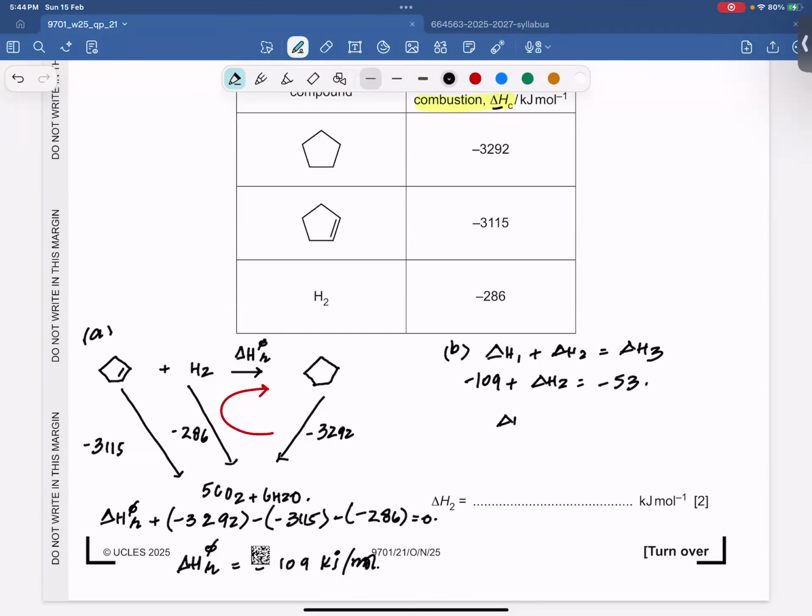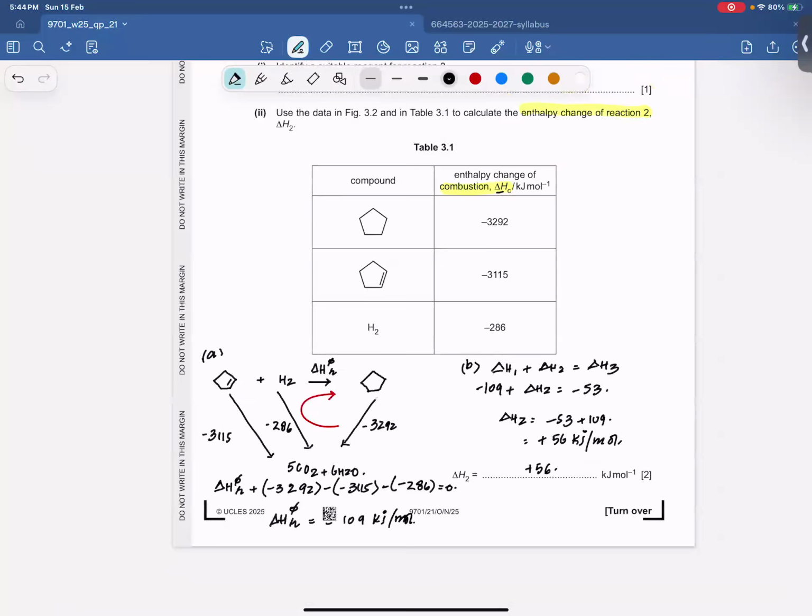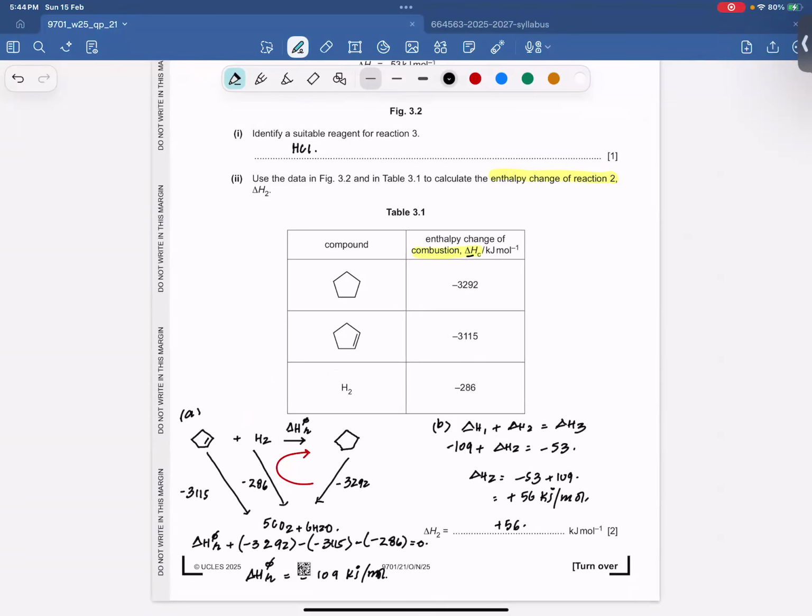So delta H2 is going to be minus 53 plus 109, so the value is plus 56 kilojoules per mole. I hope it makes sense to you. Okay, let's move on to the next part of the question.